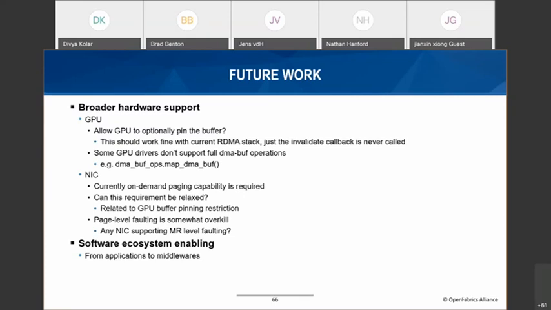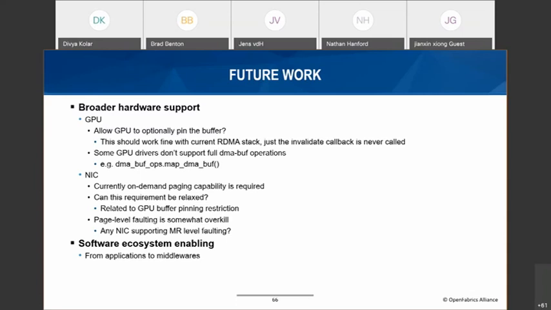And for the NIC side, right now the implementation requires on-demand paging capabilities, but this is also only limited to some of the NICs. Many of the NICs on the market do not support on-demand paging. There are two fronts on which we could possibly get this relaxed. One, if it's possible to relax the GPU buffer pinning restrictions.